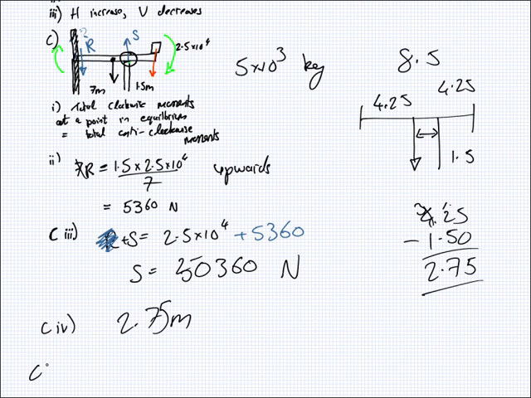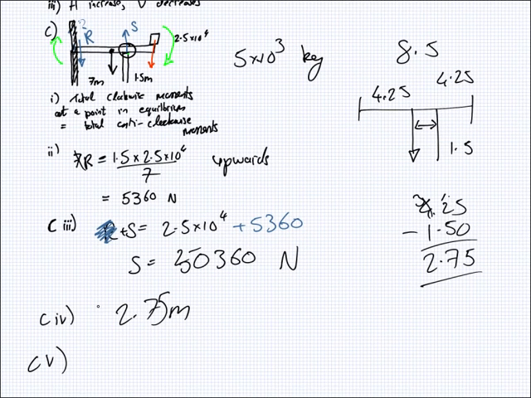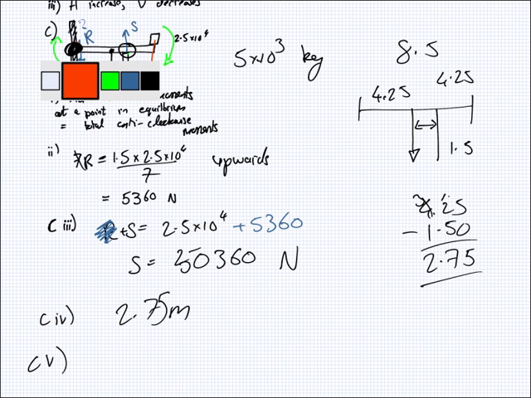C5. Determine the magnitude of the support force on the beam at Y, which is S. Okay. Because I want the S, I'm going to take the wall as the turning point. Can you see that there? I'm taking this as the turning point.